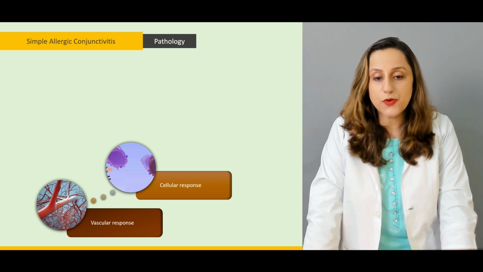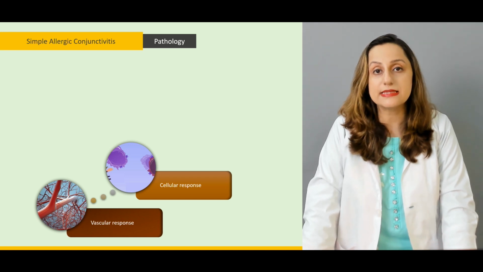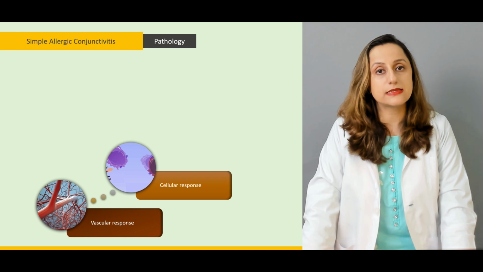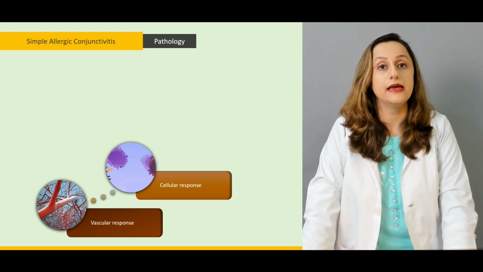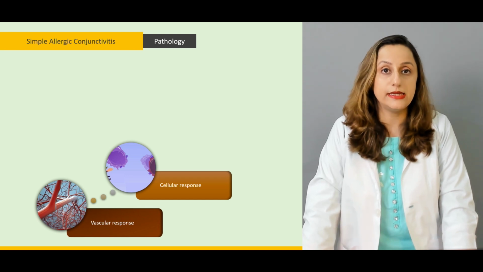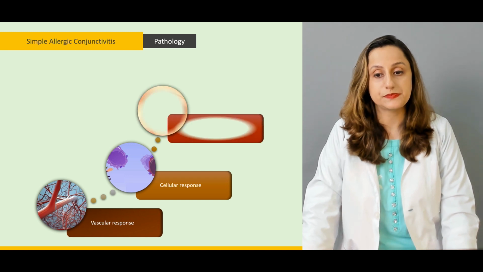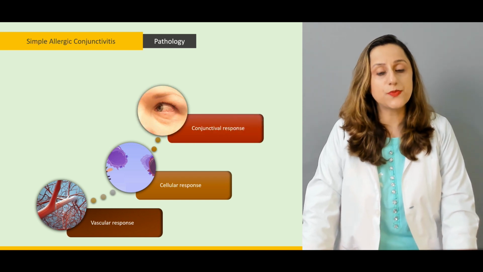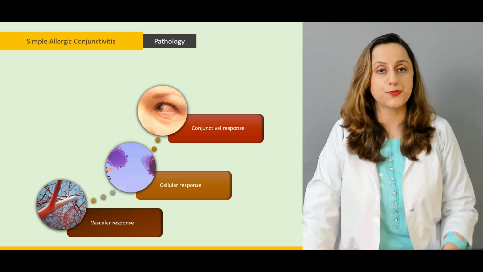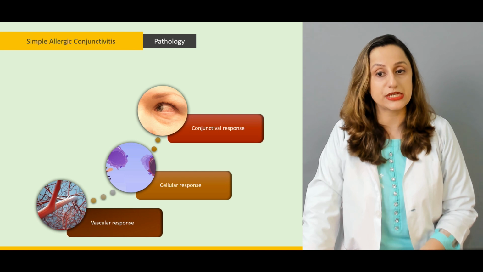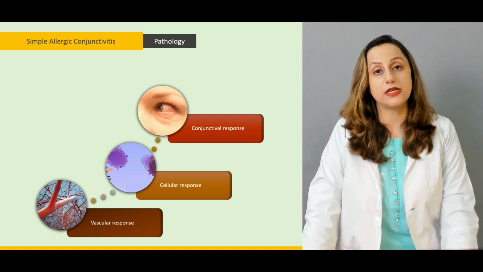We have a cellular response, with all of the cells: the mast cells, which provide the histamines, and the natural killer cells. All of them migrate locally to the place of the cellular response. The conjunctival response occurs after the exposure, and when there is a vascular response, the cellular infiltrates reach the particular area, and as a result, inflammatory conditions of the conjunctiva occur.